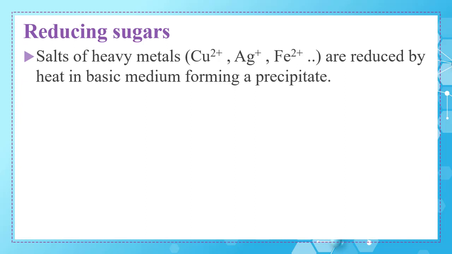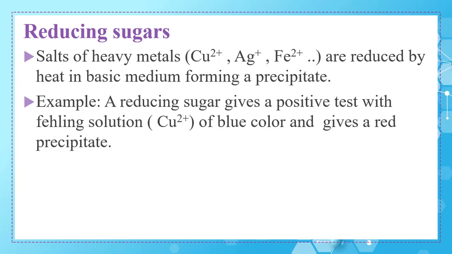Salts of heavy metals like Cu2+, Ag+, are reduced by heat in basic medium, forming a precipitate. They are named salts of heavy metals. Copper, silver, iron are metals. Their salts mean when they are found in a compound in the form of cation. Example, a reducing sugar gives a positive test with Fehling solution, which is a Cu2+ solution of a blue color.